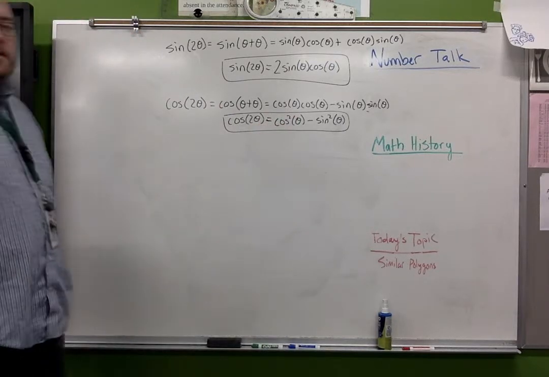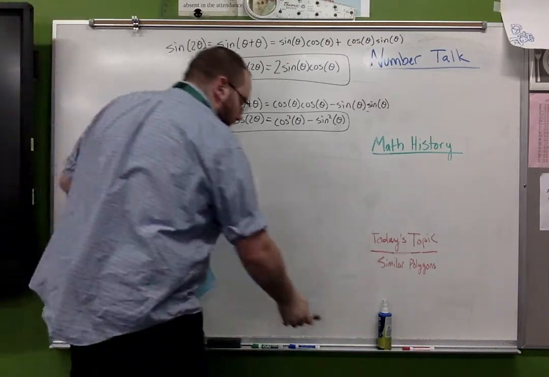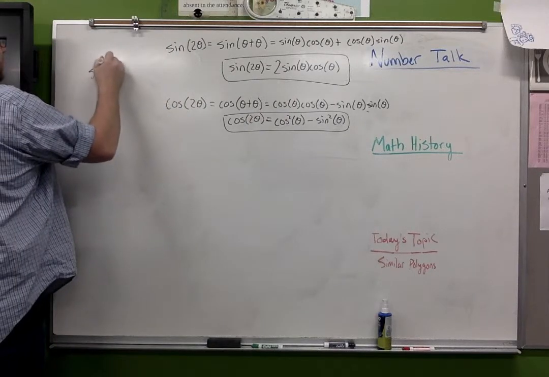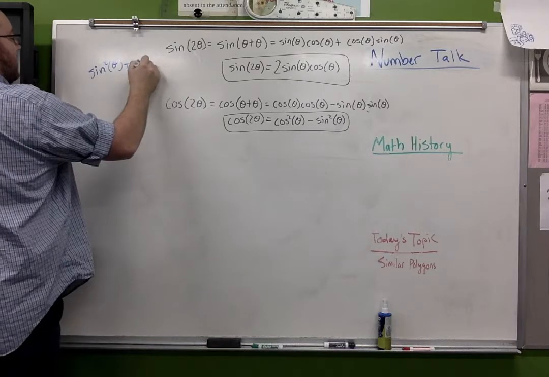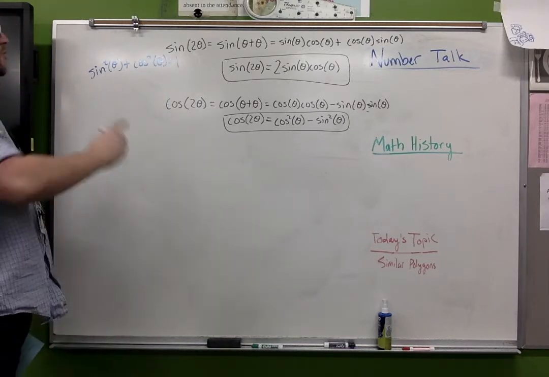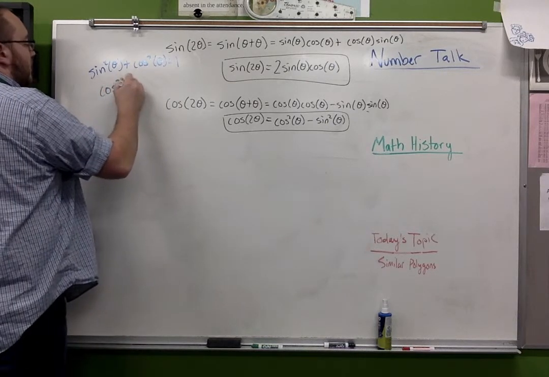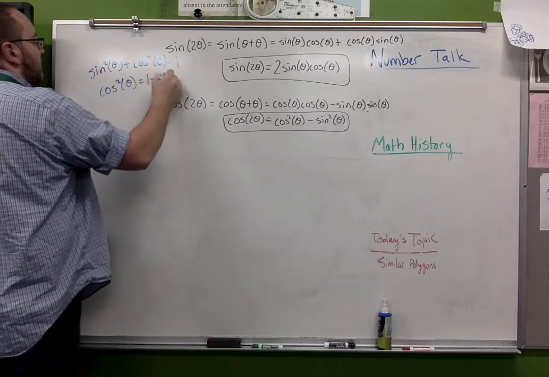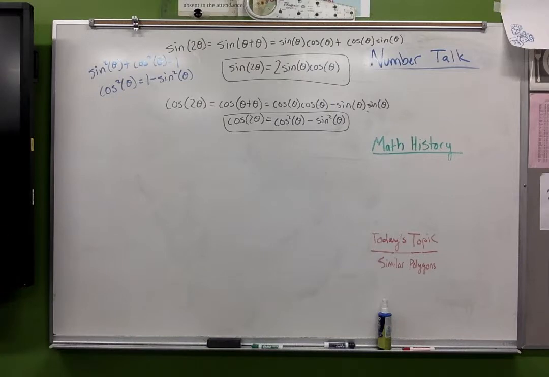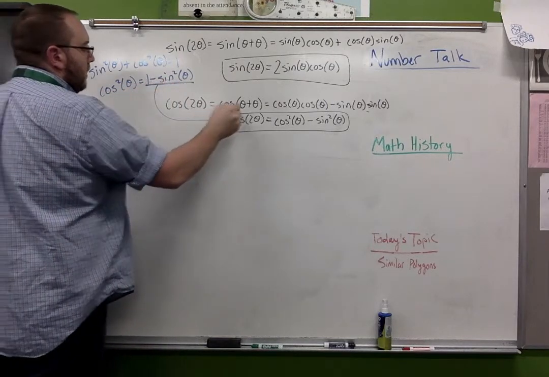Okay, now speaking of the Pythagorean identity, sine squared theta plus cosine squared theta equals 1. Well, what happens if I subtract sine squared from both sides? Then I have cosine squared theta equals 1 minus sine squared theta. Okay, well if cosine squared equals this, I'm going to take this and plug it into cosine squared here.